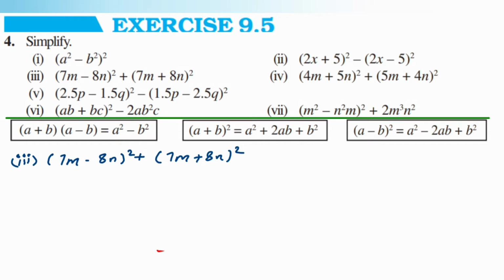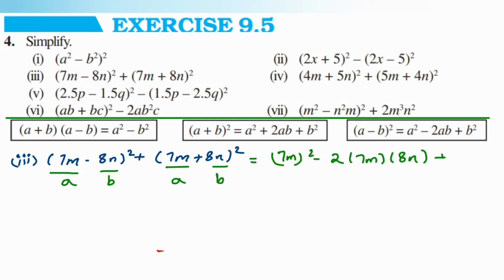So a value will be 7m and b value will be 8n. In both the cases a value is 7m and b value is 8n. So from here the first one, a minus b whole square, is 7m square minus 2 into 7m into 8n plus 8n square, then again plus, a plus b whole square applying here in this part.